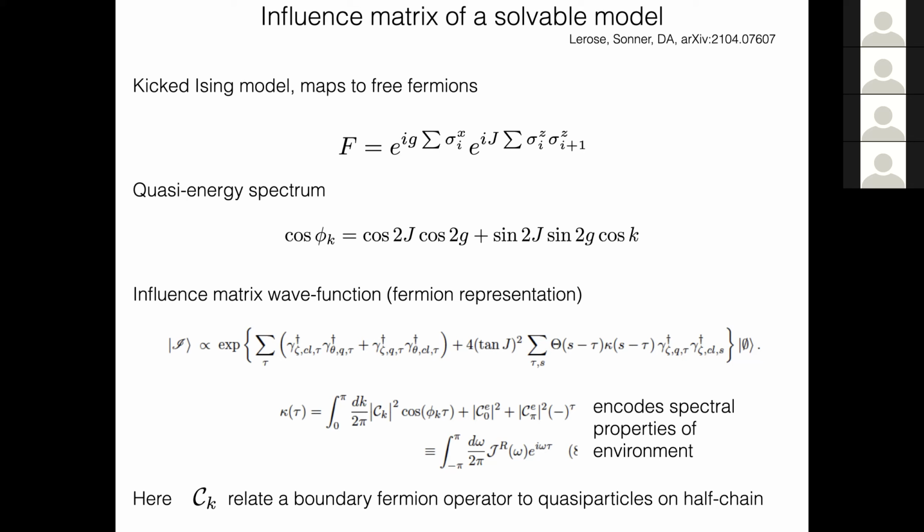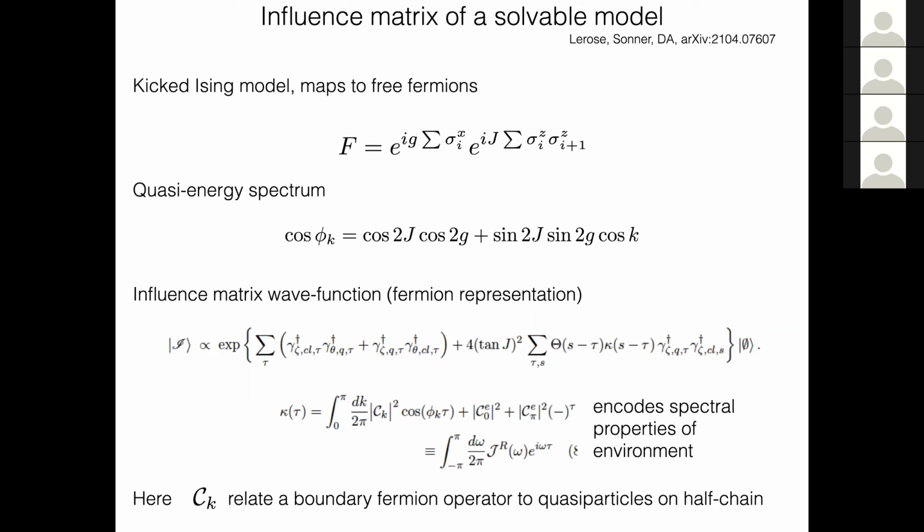And what you find is that in that case, the influence functional looks like a BCS-type wave function in this time domain. Here is an explicit expression, and the key part is the pairing term, which is written here. It's this function kappa that is related to the properties of quasi-particles.